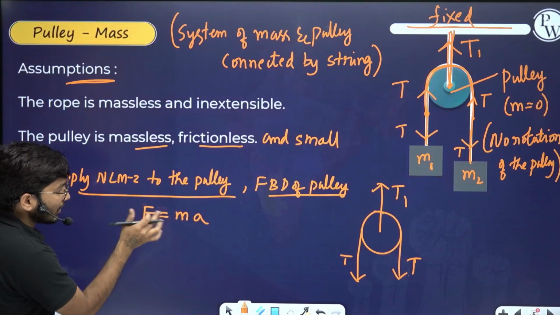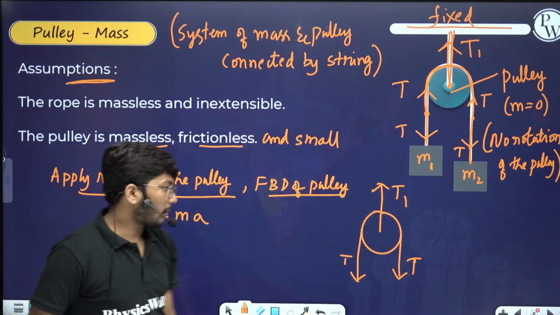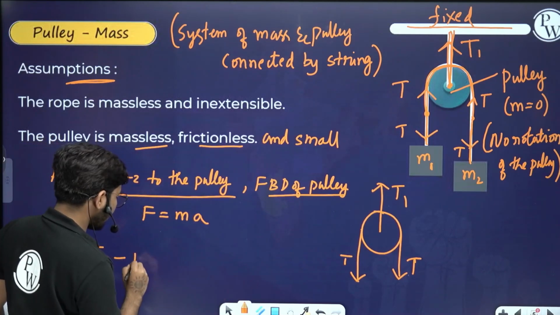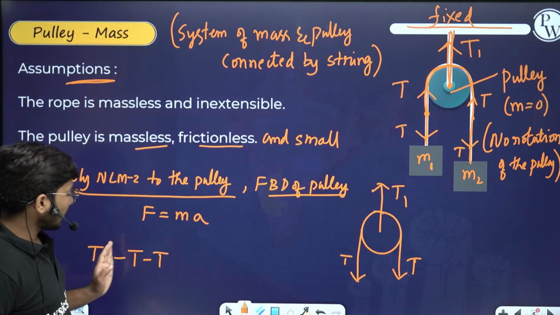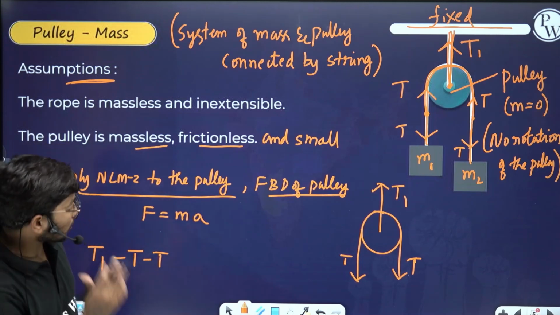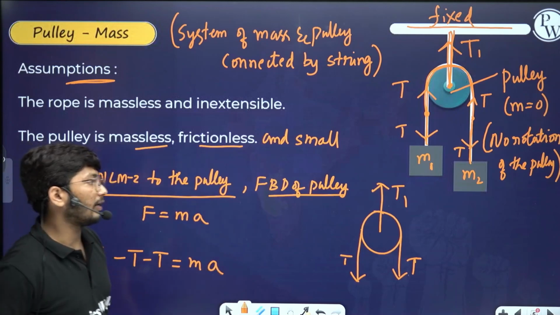Net force is T1 minus T minus T, because there are two forces in the downward direction, or you can call T1 as T dash also, is equal to mass into acceleration of the pulley.